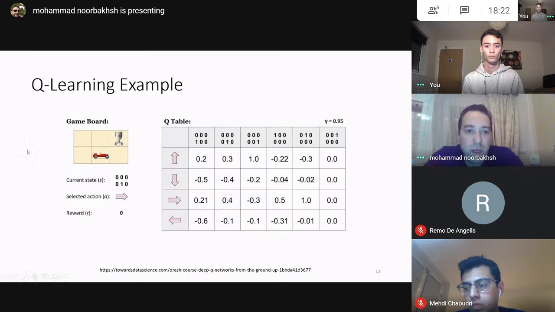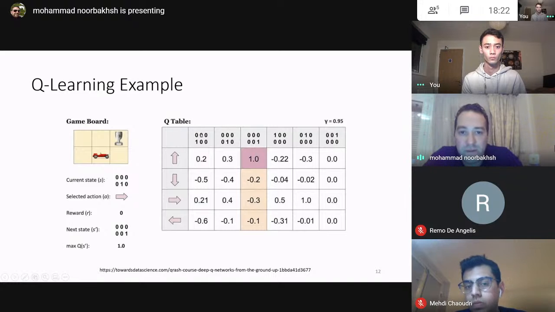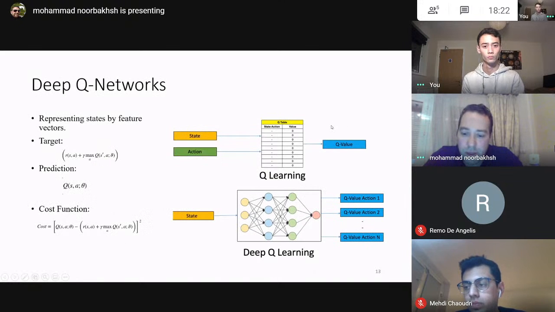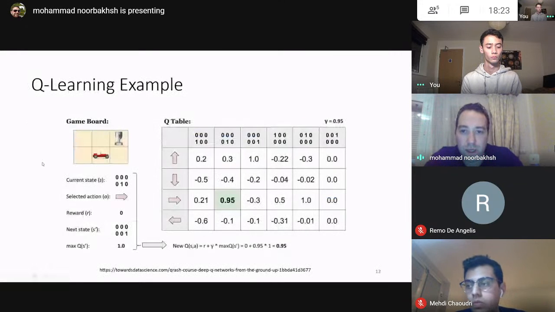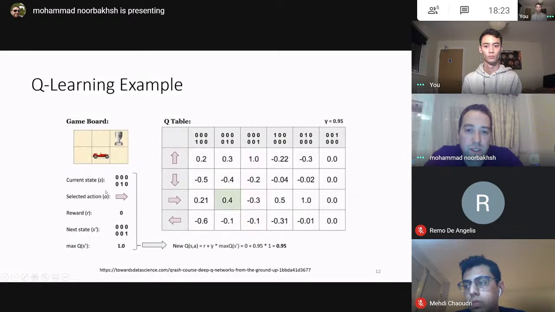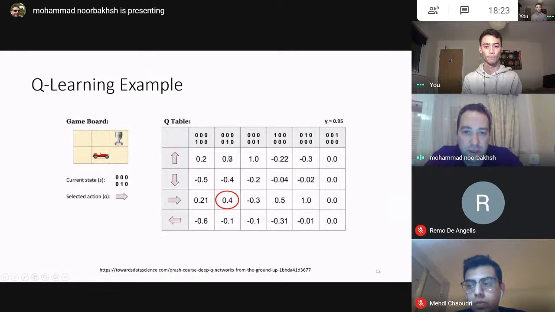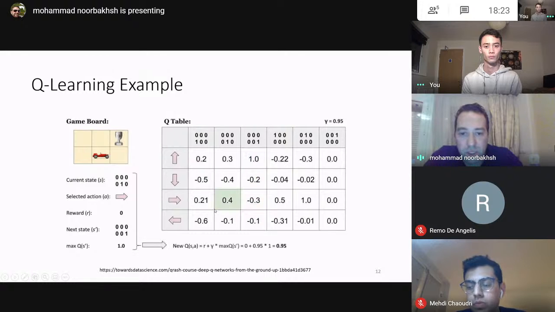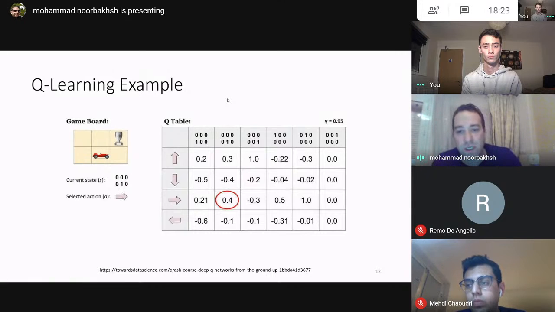For example, this is a Q table. We have actions on the rows and the states on the columns. So for example, if the agent, the car, is located here, it takes the action in this state with the maximum value, which is going to the right, which is 0.04 here. When it goes to the right, it receives a reward.